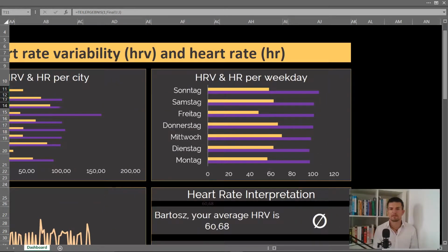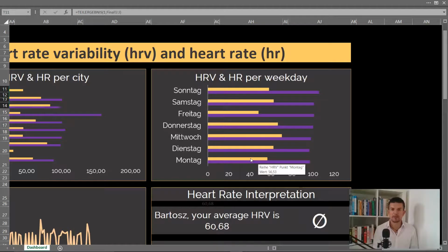Then we have the heart rate variability per weekday, and what we see here is that Fridays and Mondays have the highest heart rate variability. My understanding is that Fridays are the closing of the week, Mondays are the beginning of the week. So my mood is still high because of the weekend starting and the weekend still being kind of active.